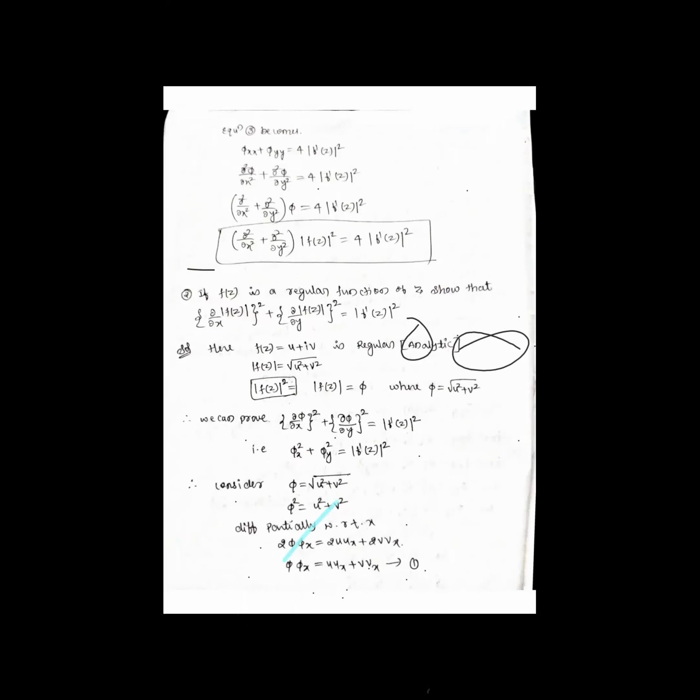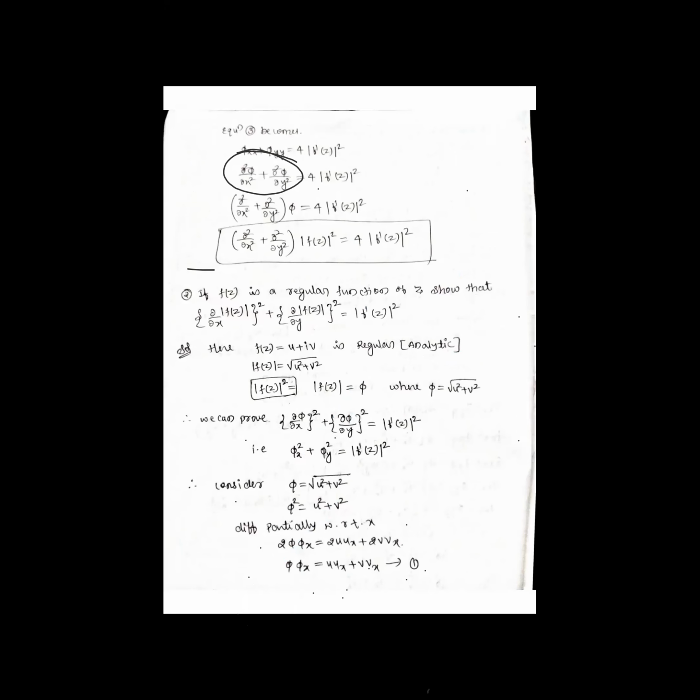So therefore, pi xx plus pi yy is equal to 4 into mod f dash of z square. Pi xx means what? Dou square pi by dou x square plus pi yy means dou square pi by dou y square, that is equal to 4 into mod f dash of z square. So from this, I'll take pi out.